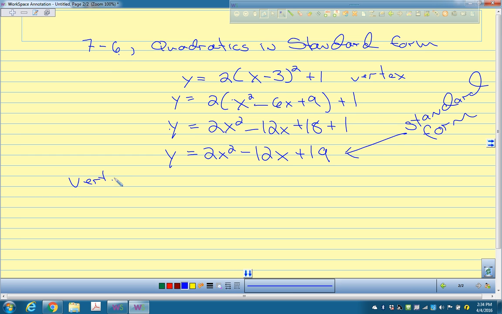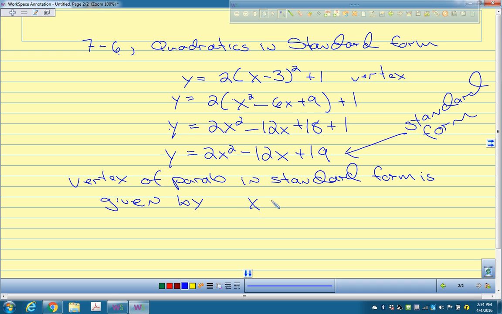The vertex of a parabola in standard form is given by x equals negative b over 2a.